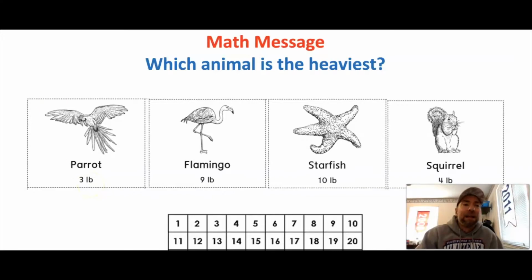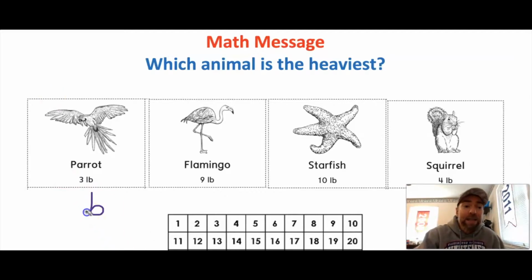You might see that little symbol in math. It's an L and a B, and that means pounds. That's how we weigh items in the United States. So when you go to a doctor's office, he probably puts you on a scale, and he tells you how many pounds you weigh. Well, we're looking at the pounds of some of these animals.